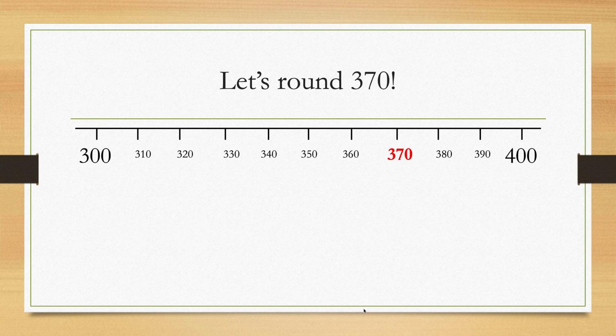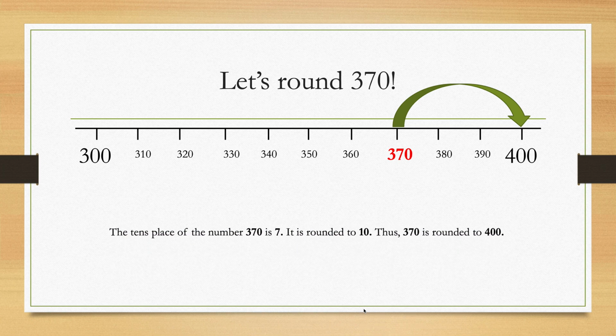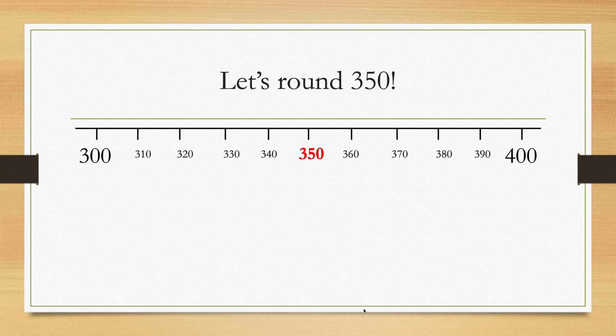So now let's round off 370. Yes, it's rounded to 400. But why? The tens place of the number 370 is 7. It is rounded to 10. Thus, 370 is rounded to 400. It's so easy, right? So now let's round 350.